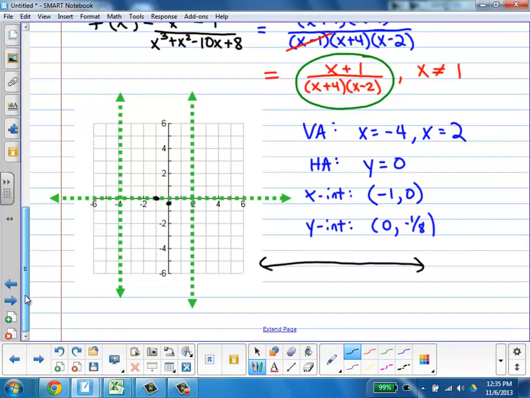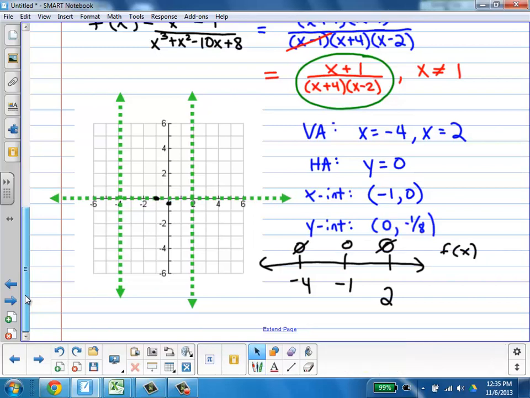The interesting points are anything that makes the numerator or the denominator 0. Those points are -4, -1, and 2. And we know that it's undefined at two of those points, and it equals 0 at another one.